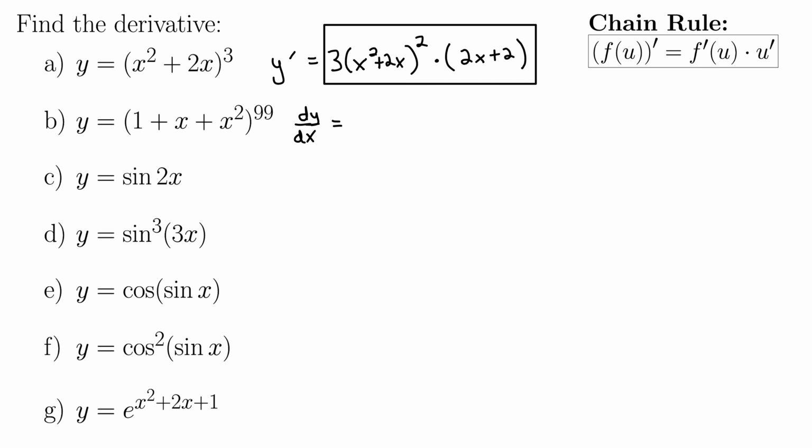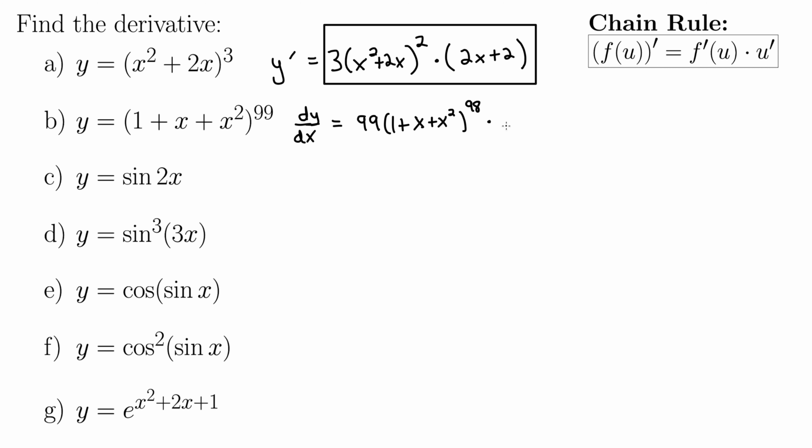The outside is something to the 99th power. Okay, so we say, let's use the power rule on that. 99 times something all to the 98th. Well, what's that something? Whatever was inside before. So just leave it alone and rewrite it. 1 plus x squared. Notice I didn't try to take the derivative of that inside.